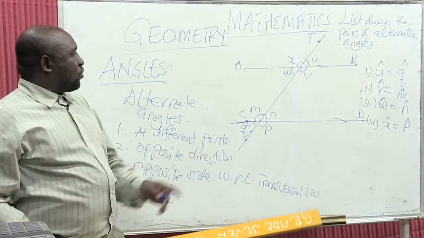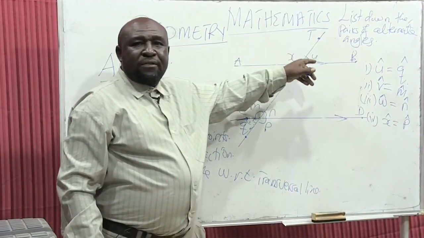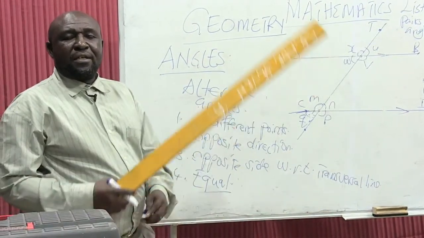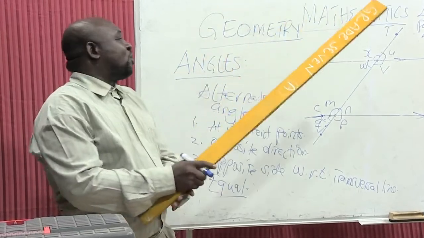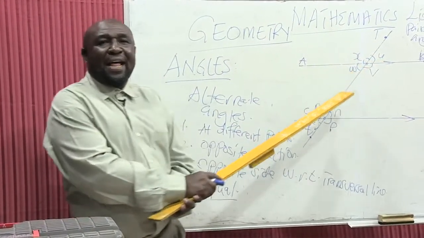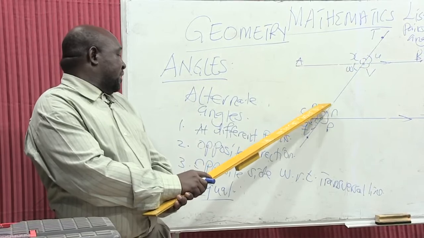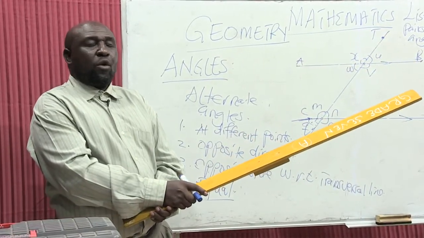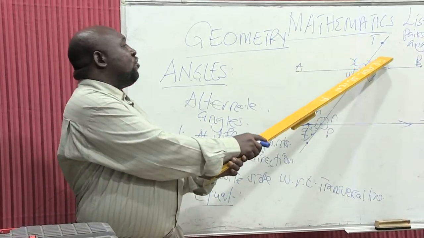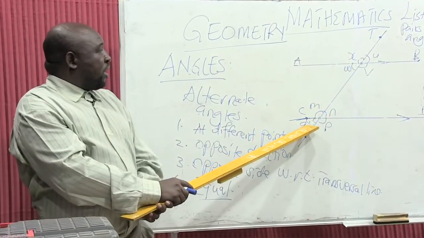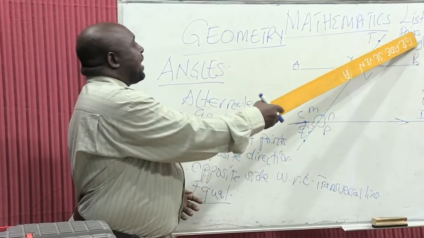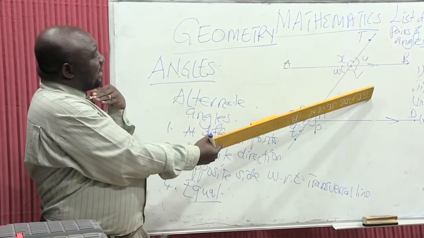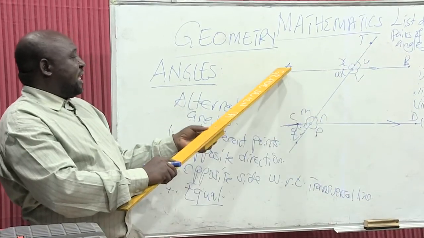Okay. So as you can look, alternate angles at different points. One is at this point, another at this point. They are in opposite direction. U with the Q. U looking this direction, Q opposite of it. V looking this direction, M looking in that direction.